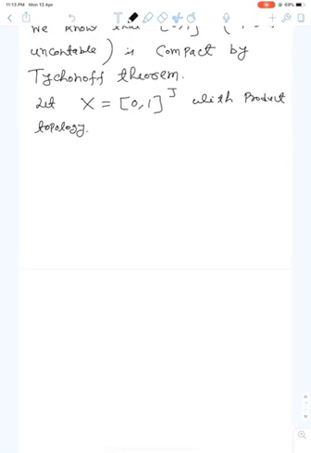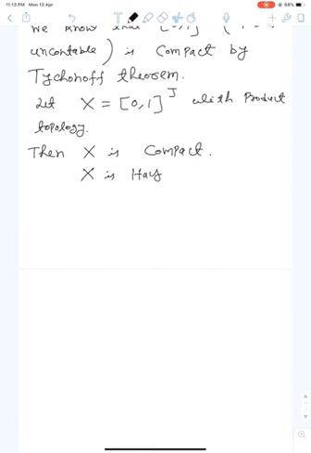Then X is compact by that Tikhonov theorem, and also X is Hausdorff. Why is X Hausdorff?